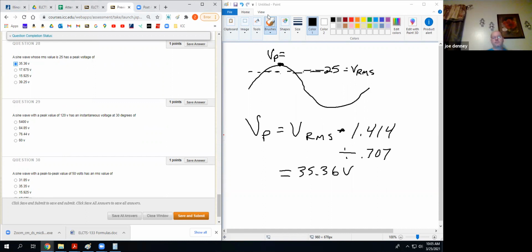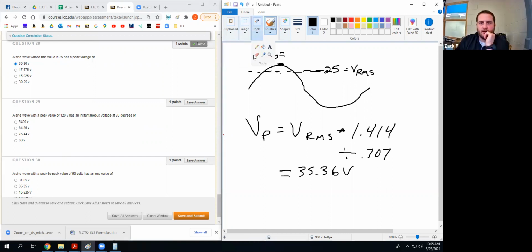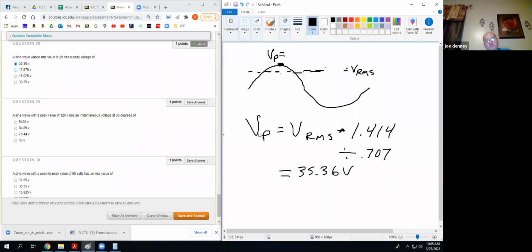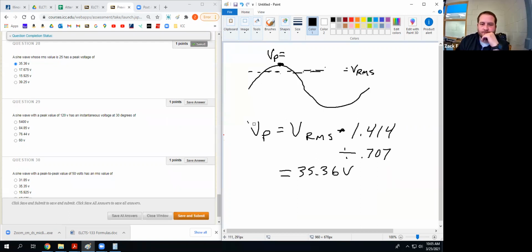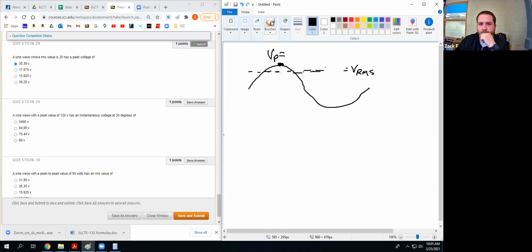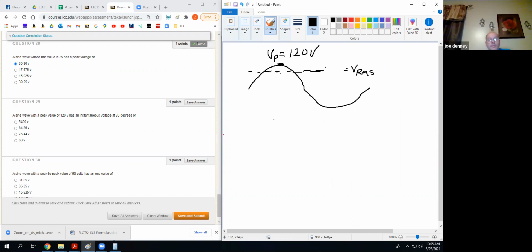A sine wave with a peak value of 120 volts has an RMS of, oh, wait a minute, no, we're not trying to find RMS.